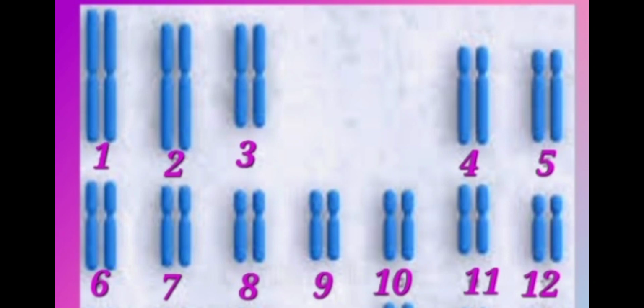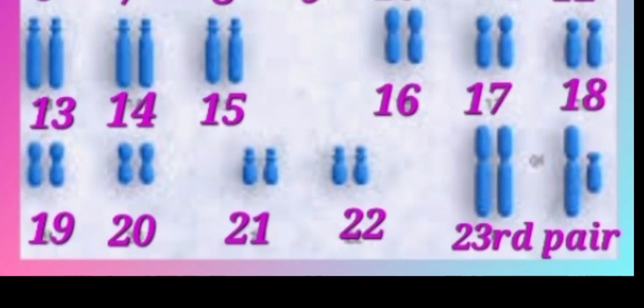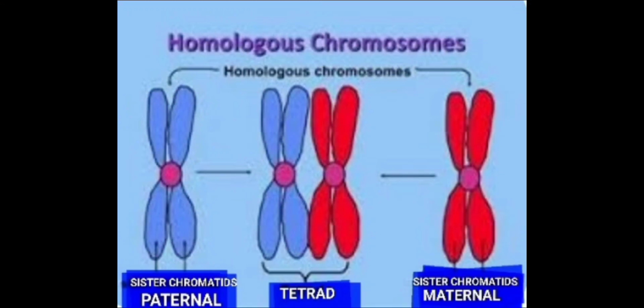Humans have 23 pairs of chromosomes. And out of each pair, one is inherited from the father and the other is from the mother. So, a pair of these corresponding chromosomes of the same shape and size, one from each parent, makes a homologous pair.